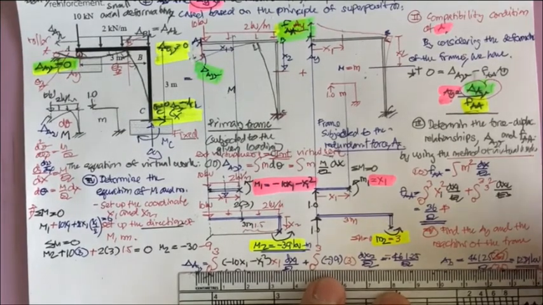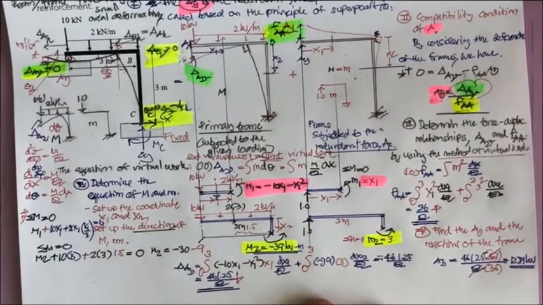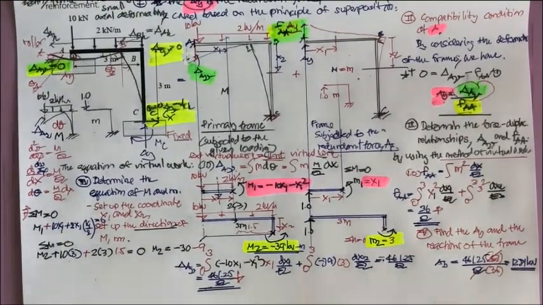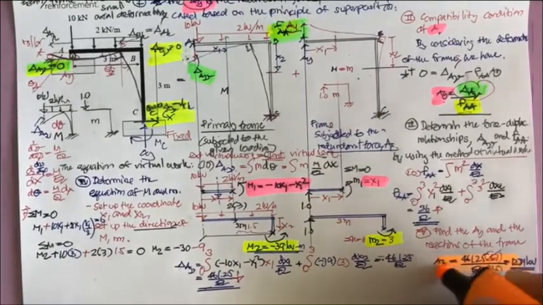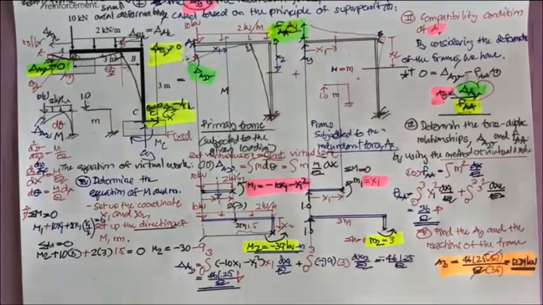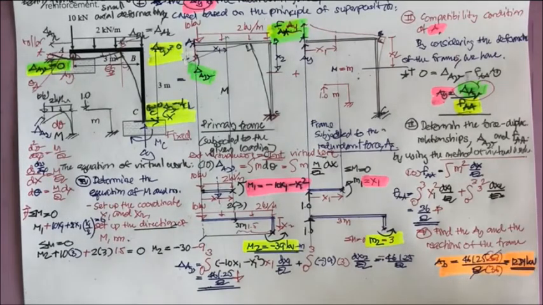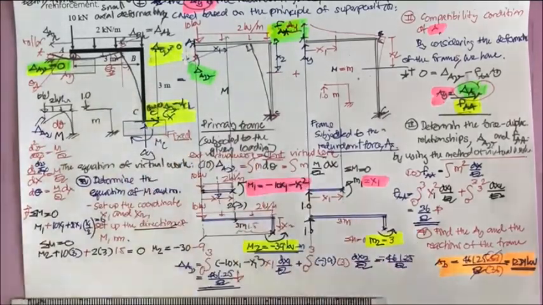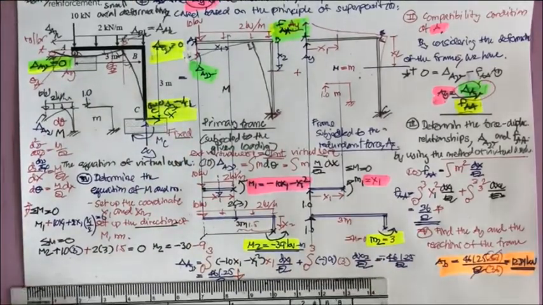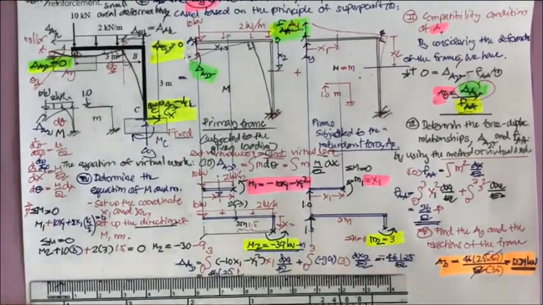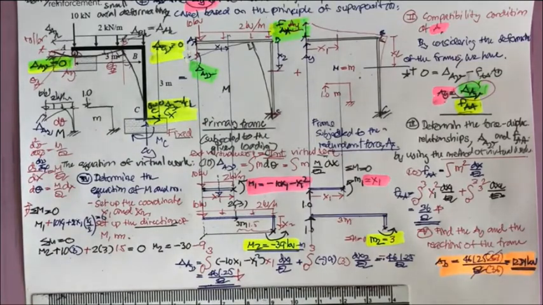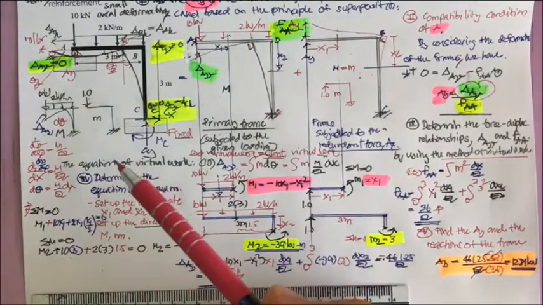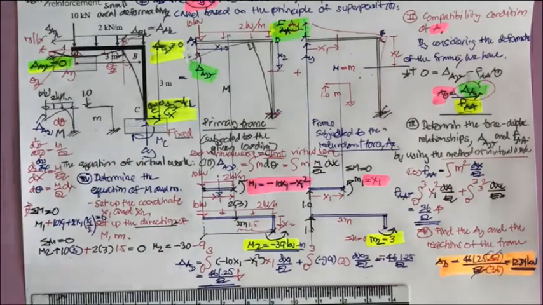That is going to be the reaction that we are looking for. So this is the important answer. From this, now we can start to find the reaction. If you like to define the reaction, come back into this one. You're going to determine the reaction for this.